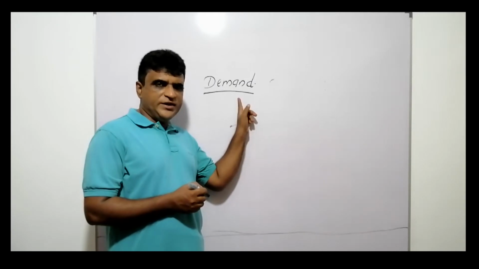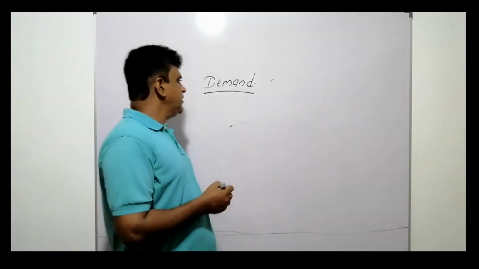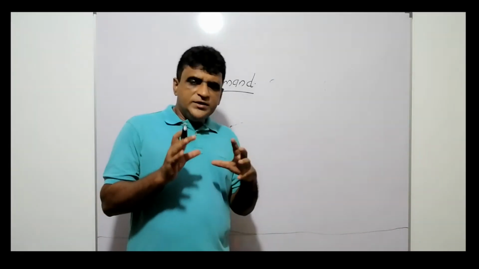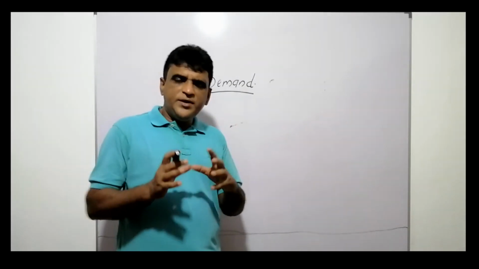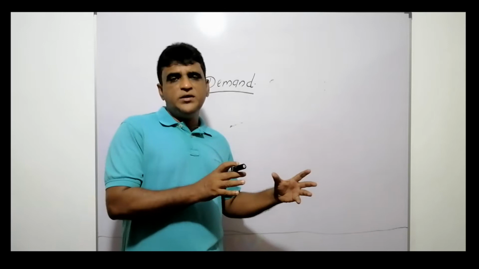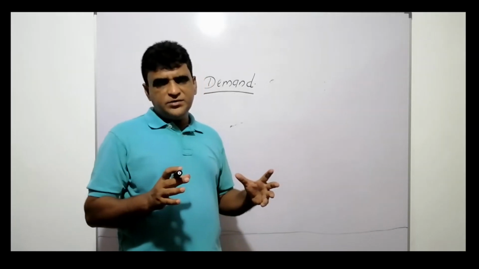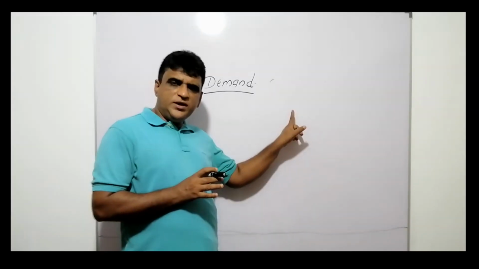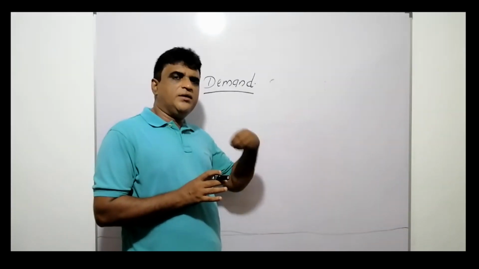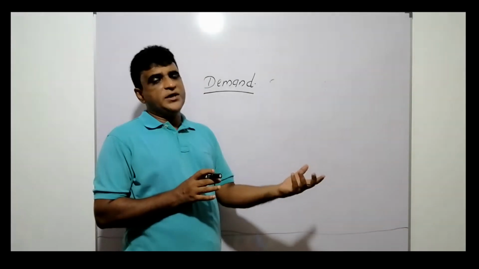First, we'll try to understand what is demand. What is demand? Consumers are satisfied by consuming goods and services. Now, different consumers are willing to buy different products in the market.